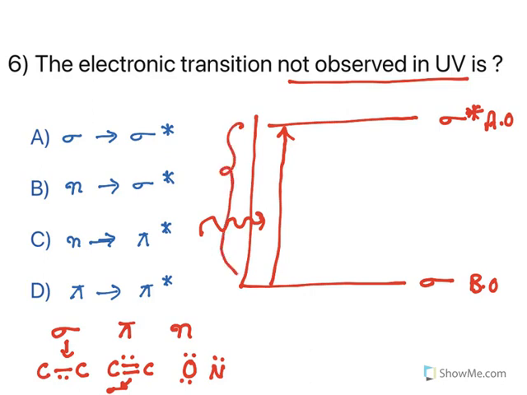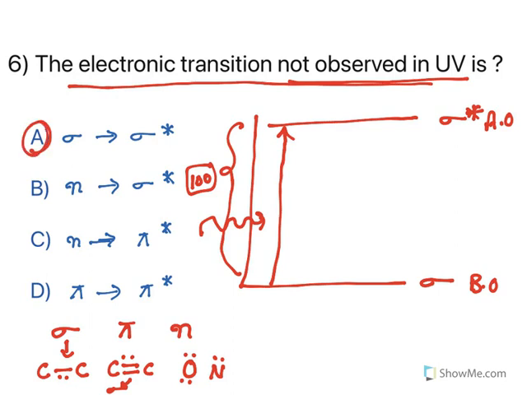This energy gap is very high. Usually it occurs at 100 to 200 nanometers. Practically, we don't use this kind of wavelength in UV spectra. The reason is you need vacuum, because air like nitrogen and oxygen absorbs it. So practically we don't see this kind of transition in UV. So the question is about this one. The electronic transition not observed in UV is sigma to sigma star. These are not observed in UV.